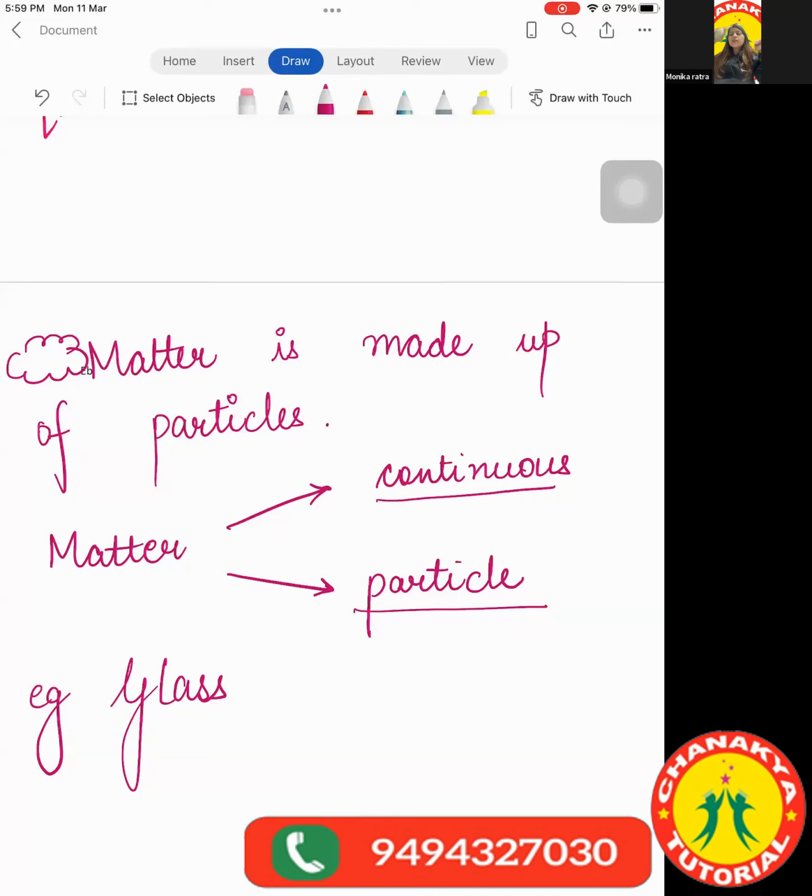So initially the scientists came up with only these two theories: that matter could be continuous or made up of particles.